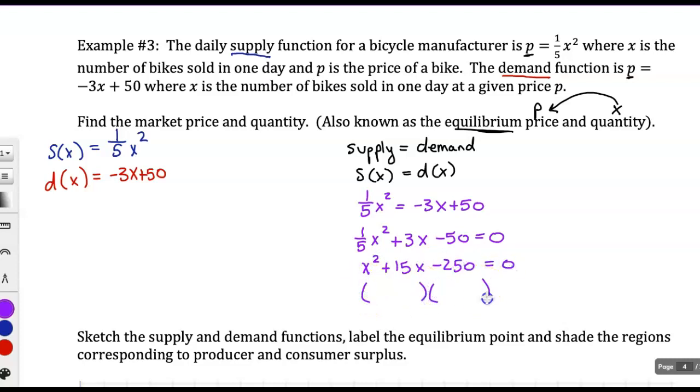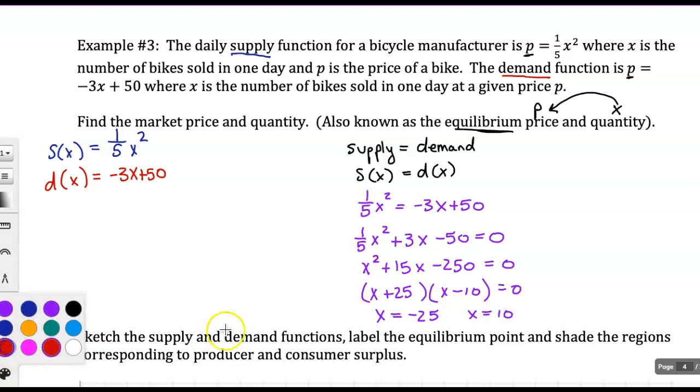And if I factor that, I get X plus 25 and X minus 10. So I get X equals negative 25 and X equals 10. Now, the negative isn't going to make any sense in this word problem because X is the number of bikes that are going to be sold in a day, and you obviously can't sell negative 25 bikes.